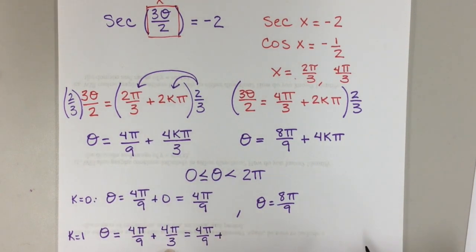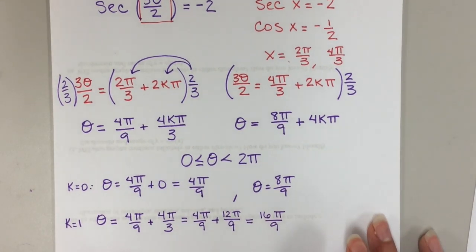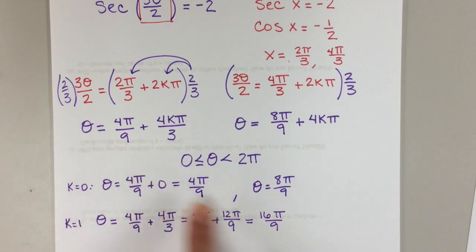I'm going to change the second one to have a denominator of 9. So if I make the denominator 9, I multiply this by 3, so I need to multiply the top by 3 as well. So this would be 12 pi over 9. 12 and 4 is 16. Okay, so there is when k is 1 for this guy.